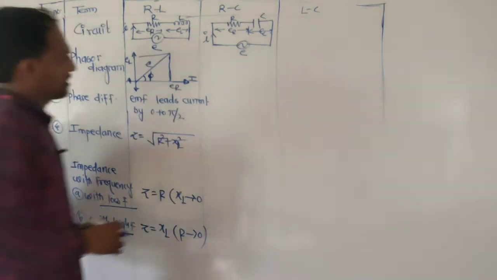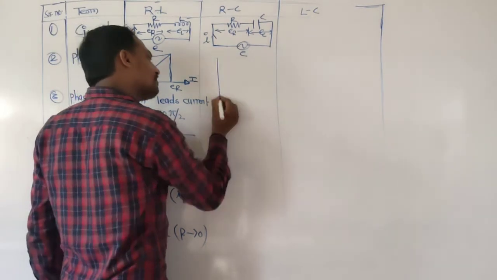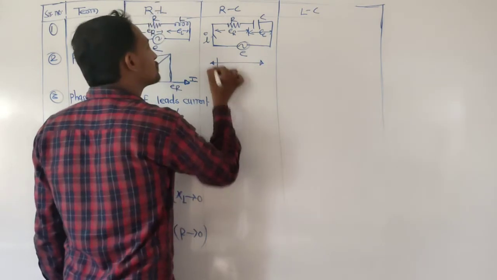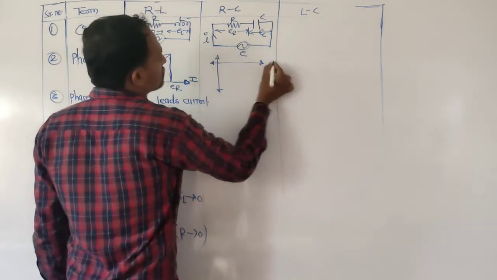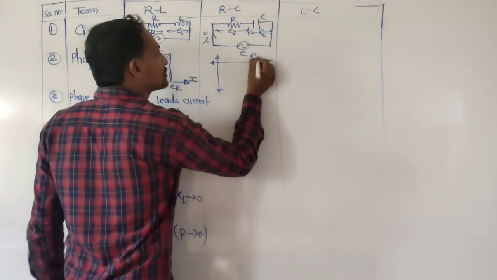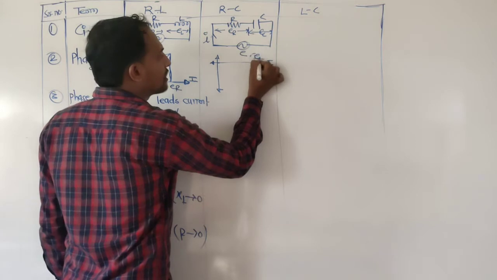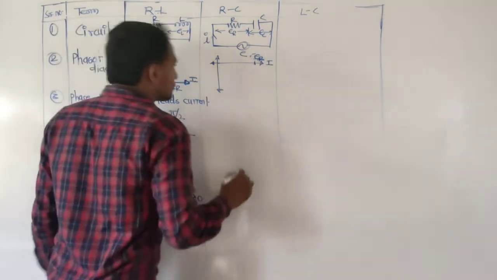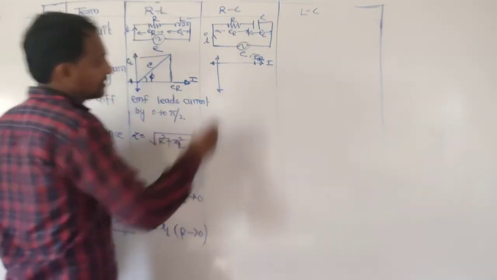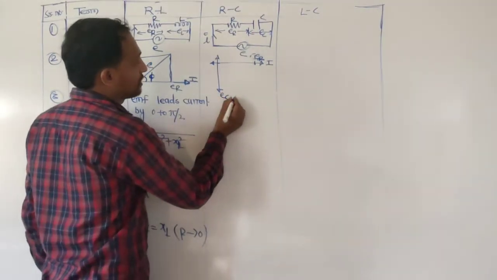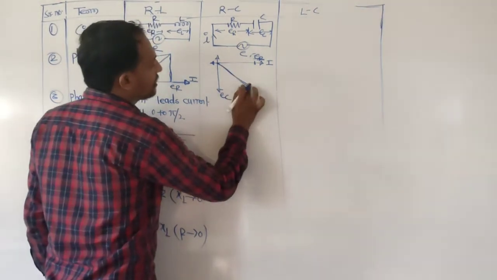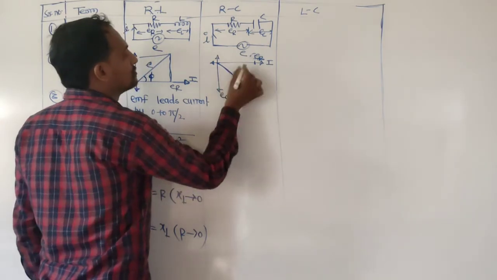So we have to draw the phasor diagram for this. How do we draw it? The current across this component and the EMF across the resistance ER are along the x-axis, but the EMF across the capacitor EC is along the negative y-axis, and the resultant EMF is in between EC and ER, like this.